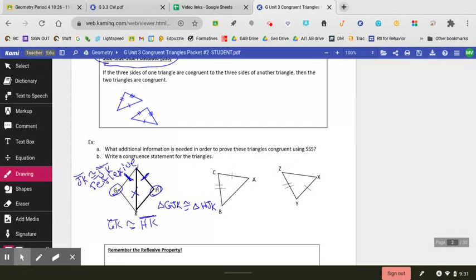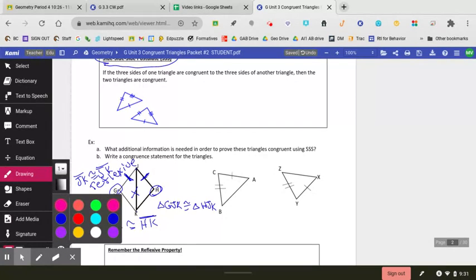So my congruent statement is triangle GJK is congruent to triangle HJK. Now the order doesn't really matter as long as they match up. So I could have also said triangle JGK is congruent to triangle JHK. So notice that my letters that were in the same spot are still in the same spot.